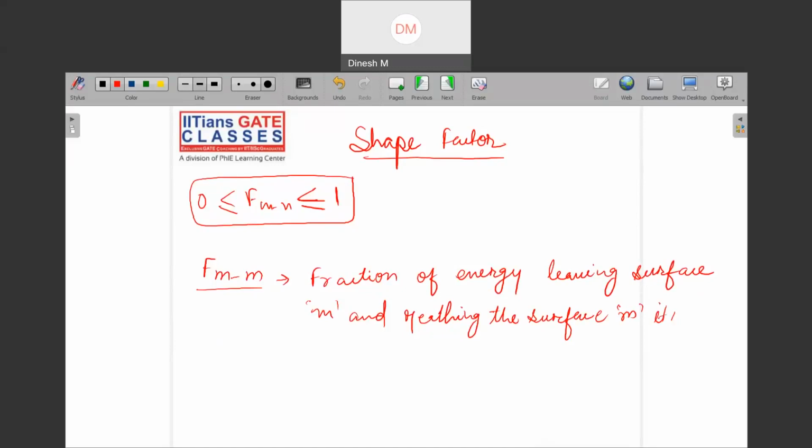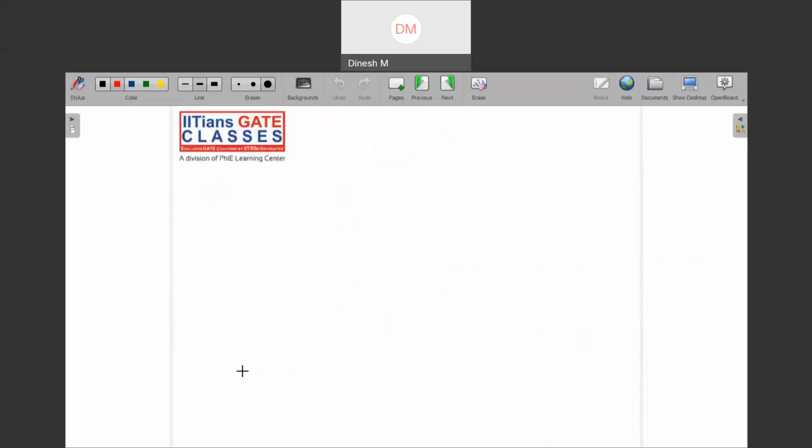There can be such instances. Let us say that I am talking about surface 1, so what do I denote it as? F11. If I am talking about surface 2, how can I denote it? F22, right?